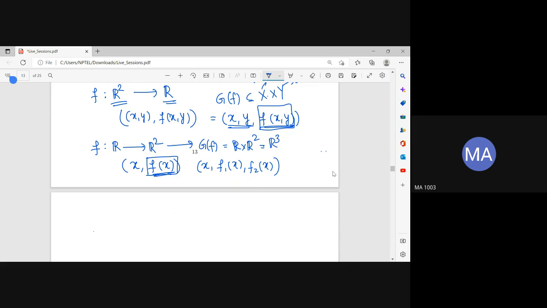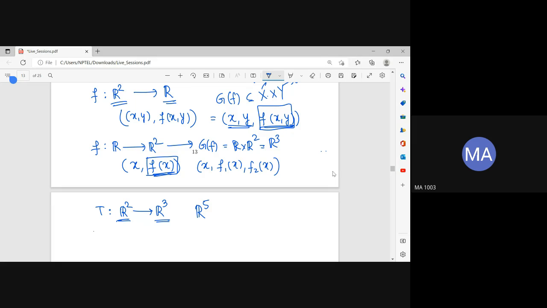So imagine what will happen if the linear transformation is from R2 to R3. Where will the graph be? Five-dimensional. We don't even know how 5-dimensional spaces look like, let alone drawing a graph there.